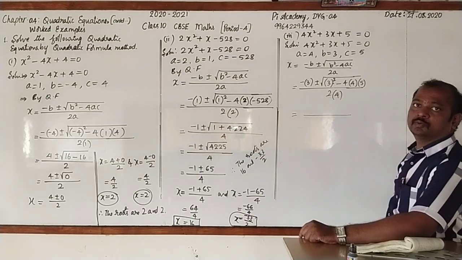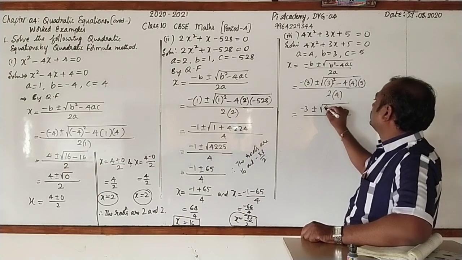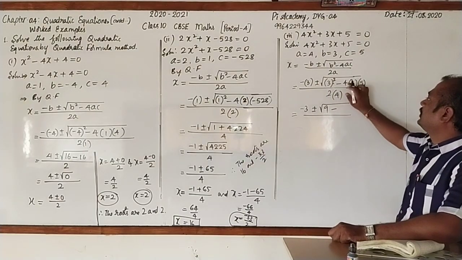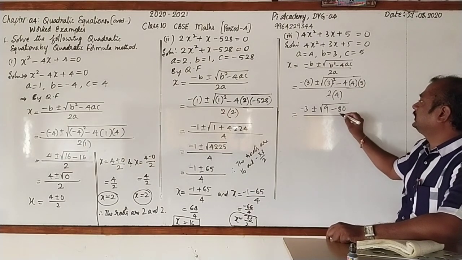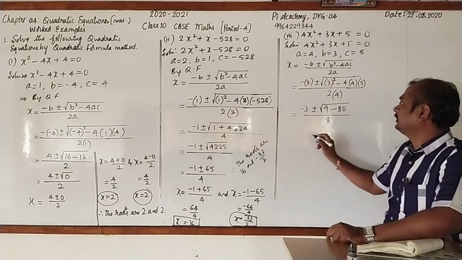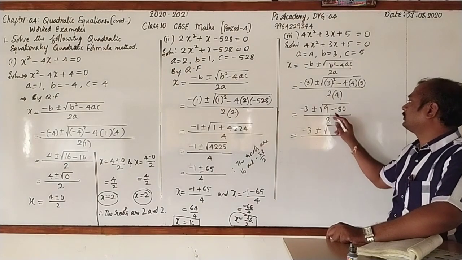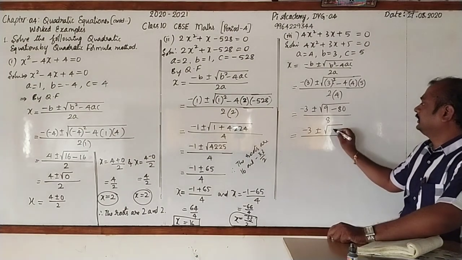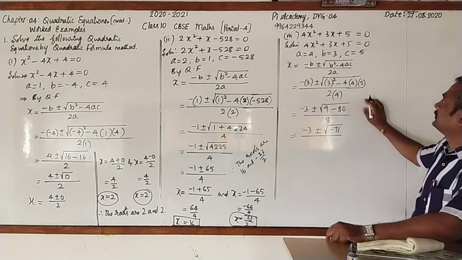This is equal to minus 3 plus or minus square root of 3 square, it is 9, minus 4 fives are 20, 2 fours are 8, 80, divided by 2 fours are 8. It is equal to minus 3 plus or minus square root of 9 minus 80. It is minus 71. Right?